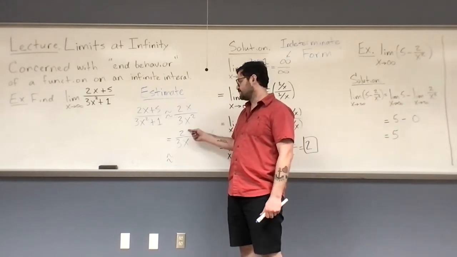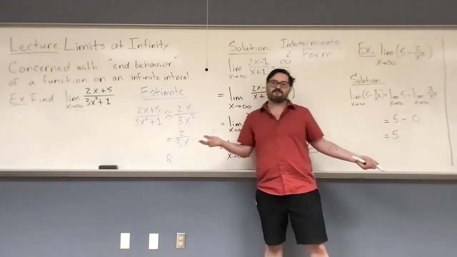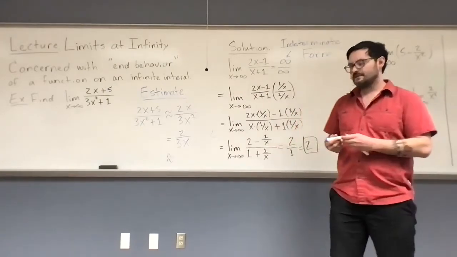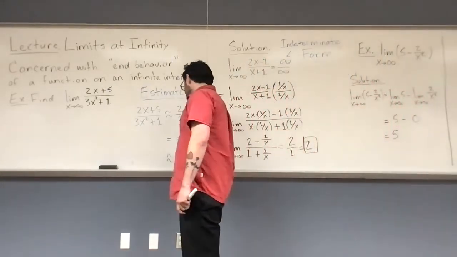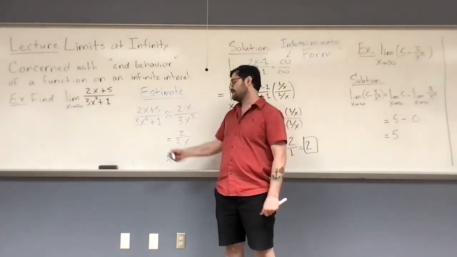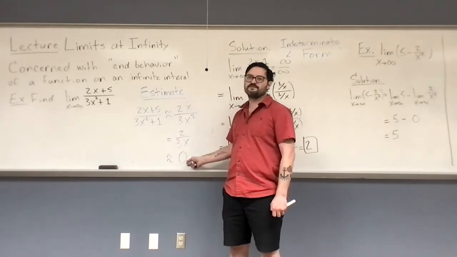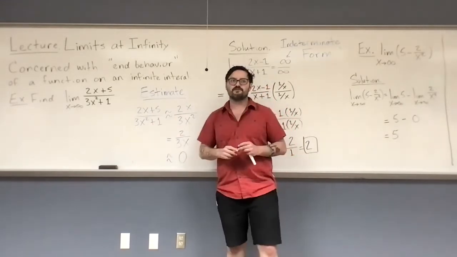So imagine, what's 2 divided by 3 times a billion? It's basically nothing, right? It's basically 0. So when x is large enough, this is basically 0. And we trace ourselves back, and I'm confident in saying that this thing more or less behaves like the constant function 0 when x is really, really large.